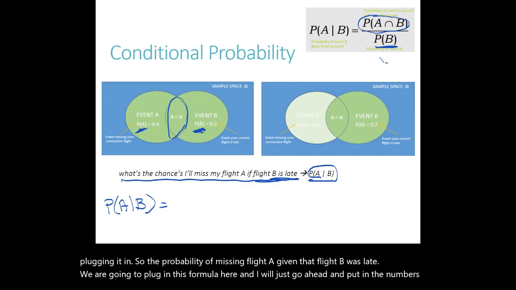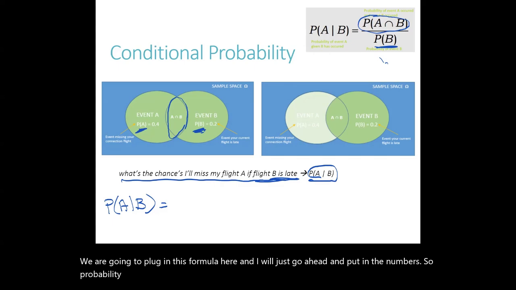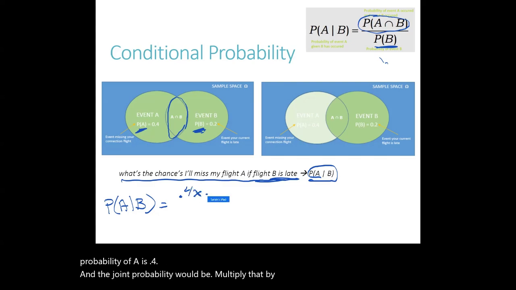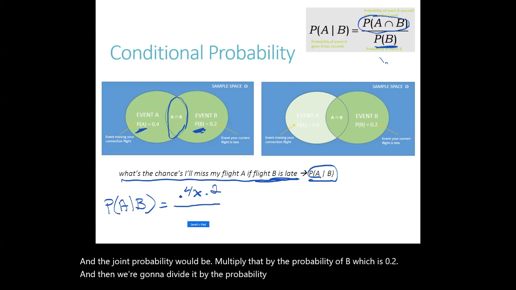So the probability of A is 0.4, and the joint probability would be that multiplied by the probability of B, which is 0.2, and then we're going to divide it by the probability of B, which is 0.2.